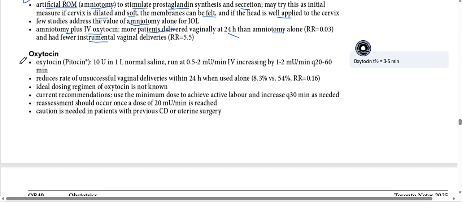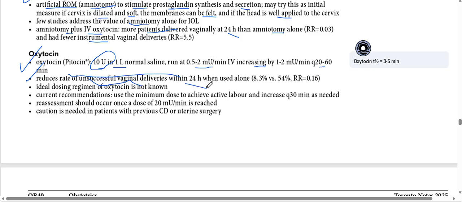Now, let's talk about oxytocin. Oxytocin 10 units in 1 liter of normal saline, increasing by 1 to 2 milliunits per minute every 20 to 60 minutes. We don't have to remember the doses exactly, we just need a rough idea that oxytocin should be given as 10 units in 1 liter of normal saline initially. It reduces the rate of unsuccessful vaginal deliveries within 24 hours.